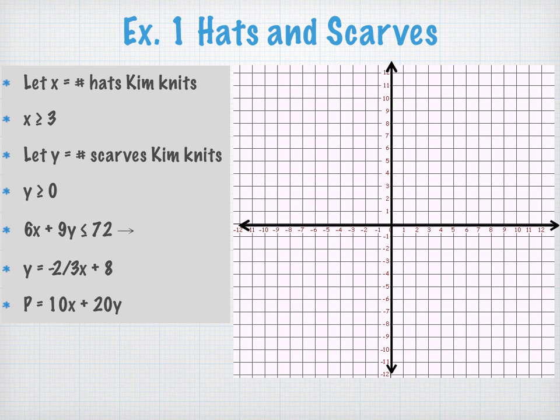So now let's graph our system of inequalities. We'll start with x equals 3. Now x greater than or equal to 3 is everything to the right of that blue line, right? y equals 0, and because we're talking about y greater than or equal to 0, it's everything above the x-axis. And now y equals -2/3 x plus 8. There's my y-intercept.